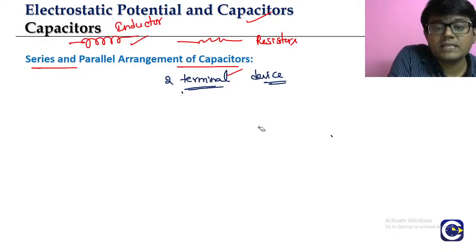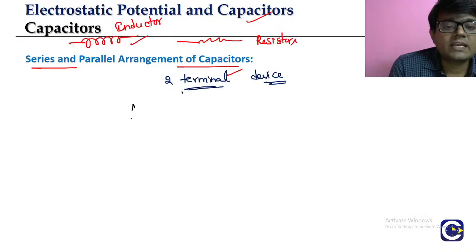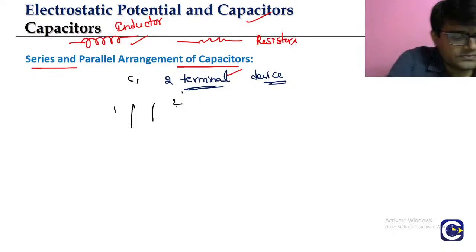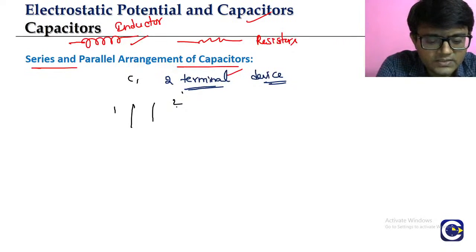Now we look at the parallel arrangement. Say you have a capacitor C1. Remember, a capacitor is a two terminal device. It will have two terminals. Same with a resistor, and an inductor also. Can you tell me what is a 3 terminal device? You might have heard about 3 terminal devices in electronic circuits.